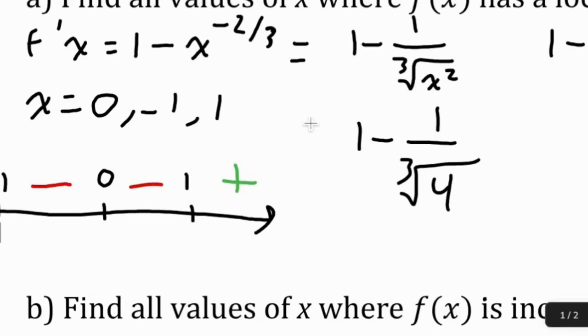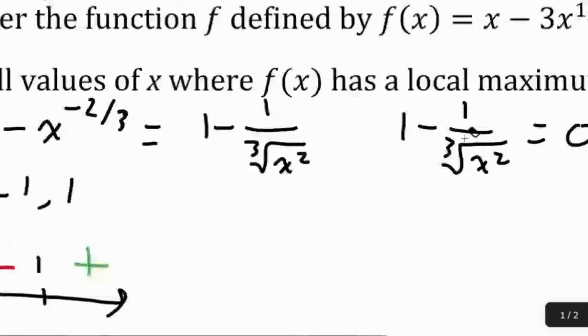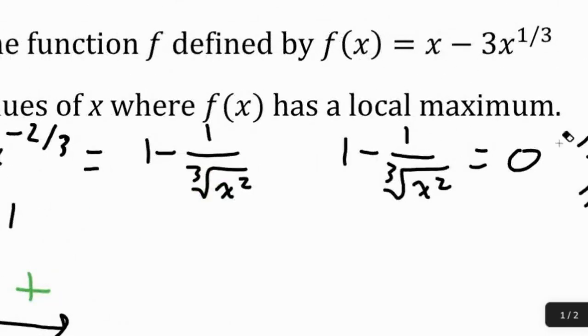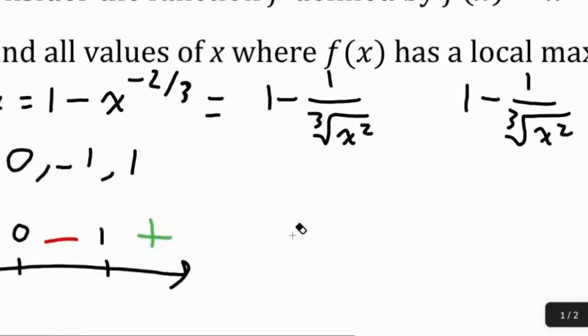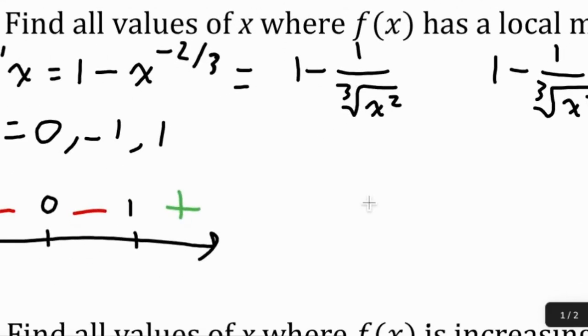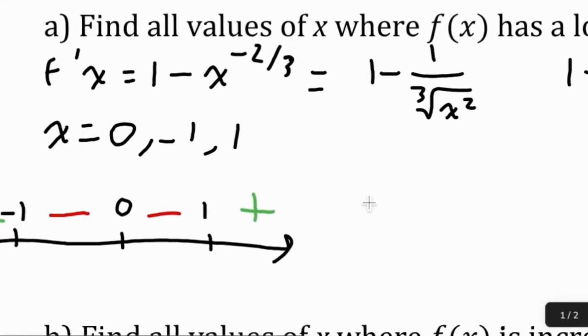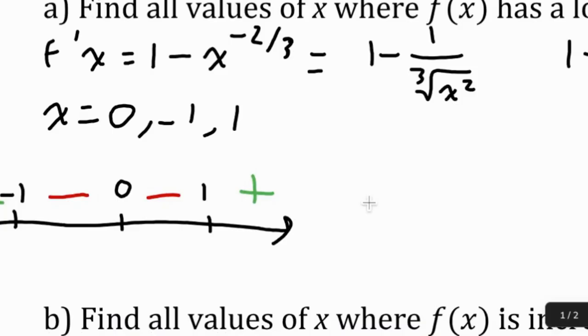But now we actually need to figure out, remember, it wanted us to figure out where the local maximum was. So to do that, we have to figure out where the derivative changes signs, but not just changes signs, we have to know that it changes from a positive slope to a negative slope. Because remember, that's what creates an absolute or a local maximum.